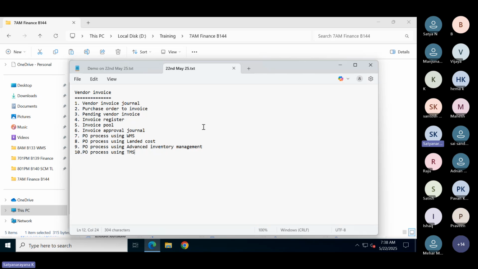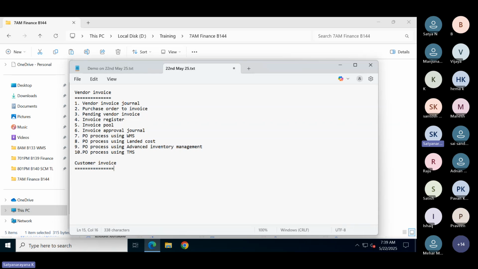Vendor invoice journal, purchase order to invoice, pending vendor invoice, invoice register, invoice pool, invoice approval journal, purchase order process using WMS, landed cost, and advanced inventory management, TMS. These all are possibilities; we can generate vendor invoices. Next, sales order invoice or customer invoice.